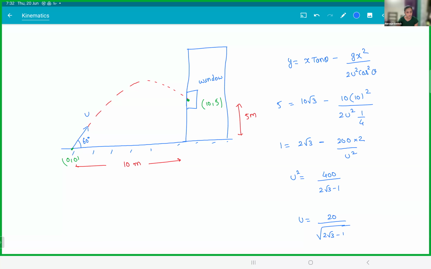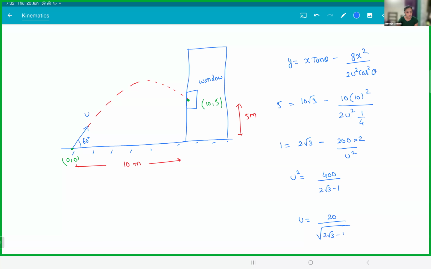Now, this is not projectile motion, but you learned this in school. Loss in potential energy is equal to gain in kinetic energy. So when the particle is falling from a building, how much potential energy did you lose? mgh. How much did you gain? Half m v square minus half m u square. M will cancel everywhere. You end up with v square is equal to u square plus 2gh.